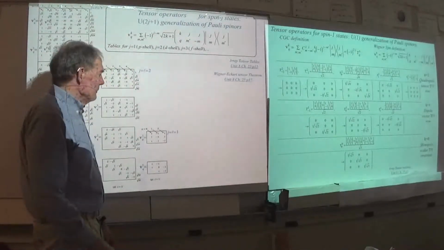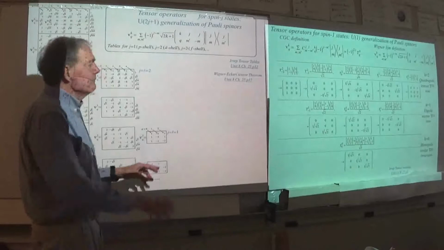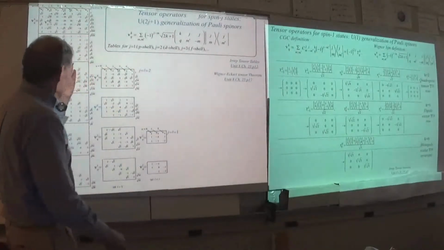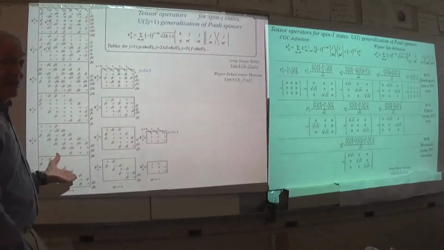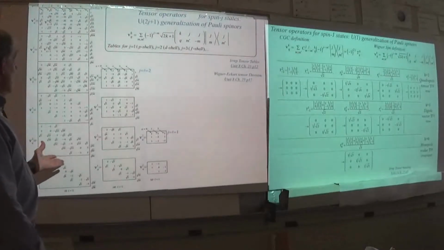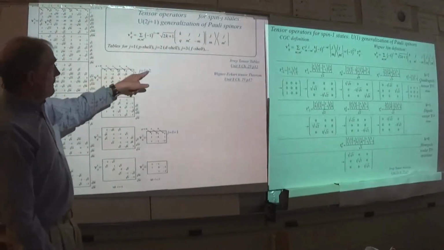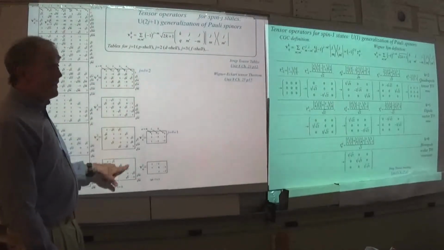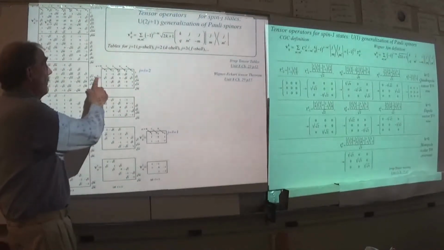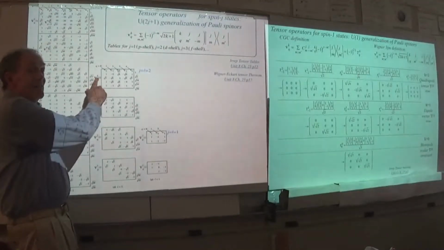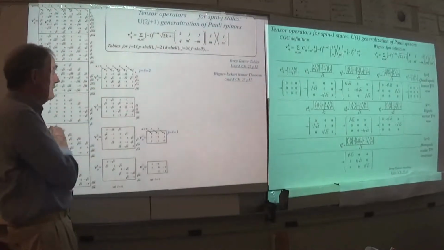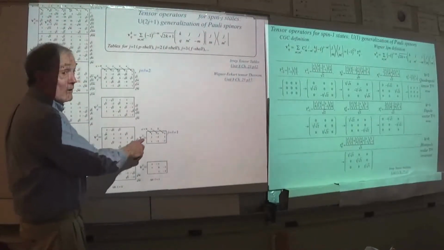It would have been way too large if I wrote out every one of them, especially these right here. Here we're talking about looking at spin 3. Here's spin 2. Okay? Spin 2 makes a hexadecapole, right? This one can only make a quadrupole.